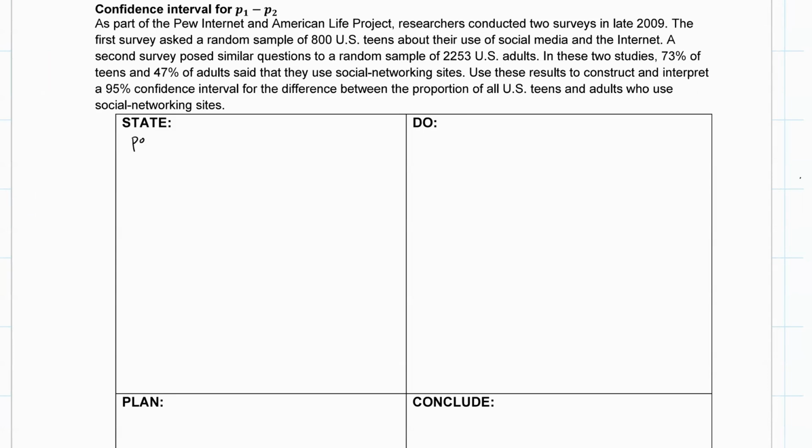So in this case, we have population 1, which is going to be US teens. And population 2, because we did 2 distinct samples, will be US adults. What were we studying about them? Or in other words, what is our parameter of interest?